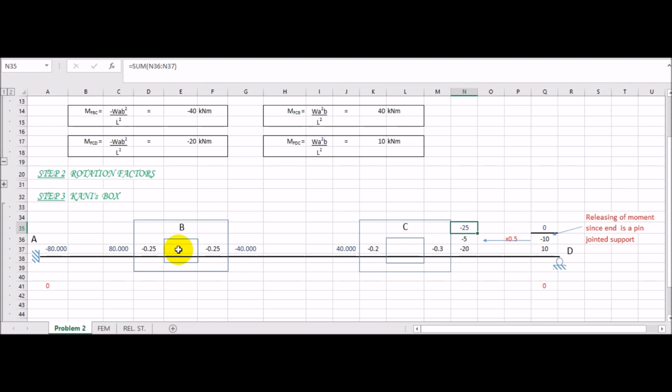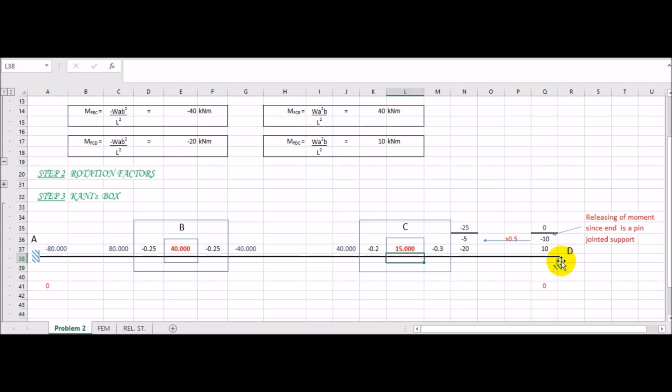Alright, now let's fill the boxes. This is nothing but the summation of the fixed end moments that I have written adjacent to the box. So this is minus 40 plus 80, written in the middle inside the box. Here also I write minus 25 plus 40, just simple summation.